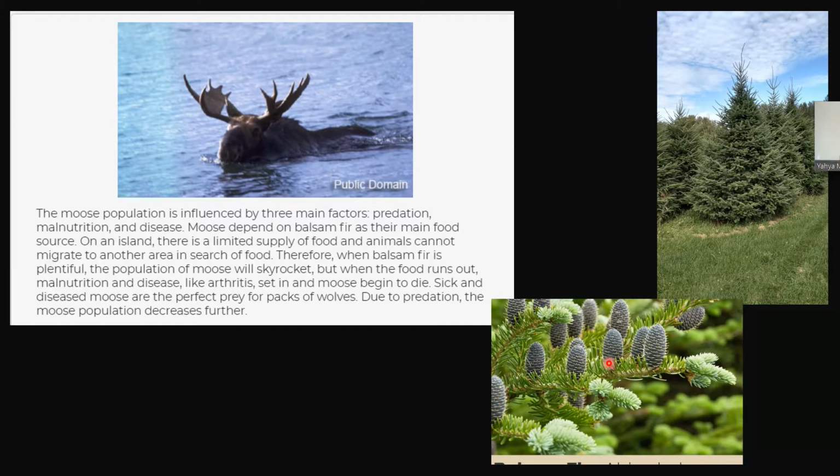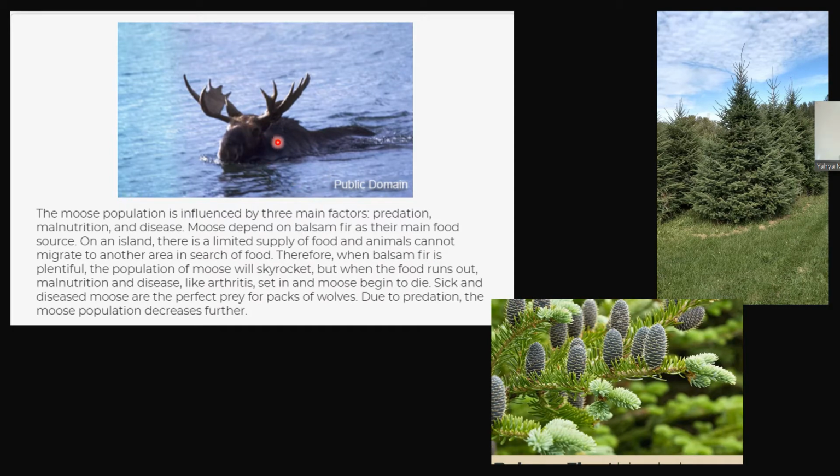So if there's any problem with this fir, then the population of the moose also goes down. So when the balsam fir is plentiful, the population will skyrocket. But when the food runs out, then malnutrition and disease set in, and the moose begin to die.